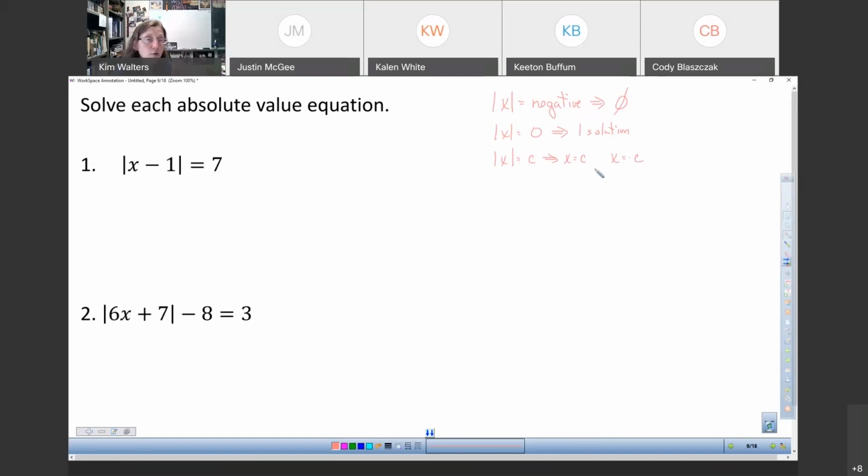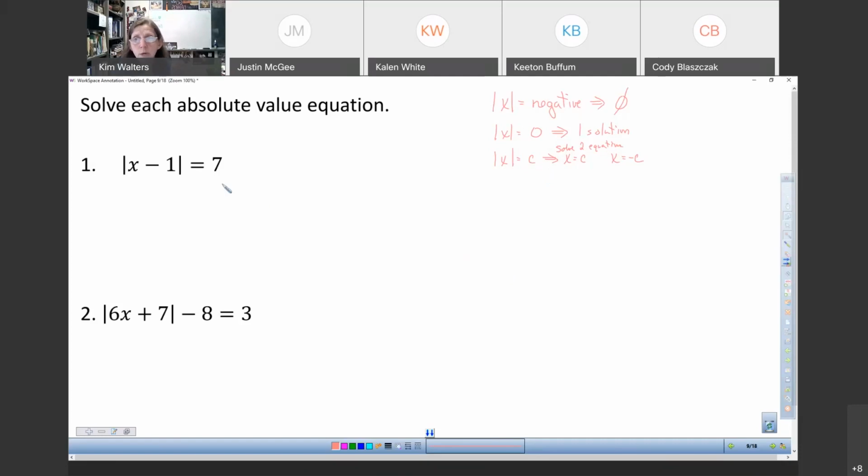So I solve two equations here. Notice on all three of these scenarios, it's absolute value on one side equal to something. Okay, that's going to be really important in just a second.